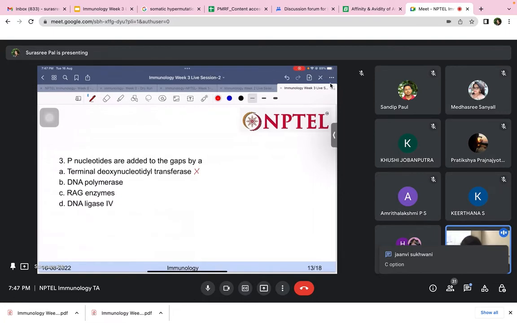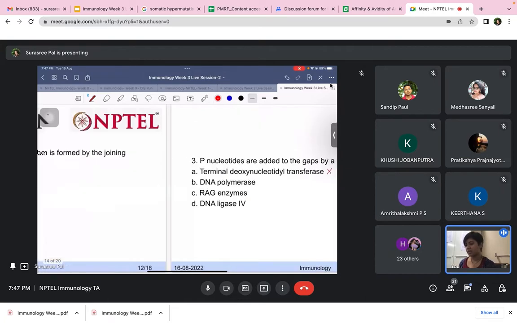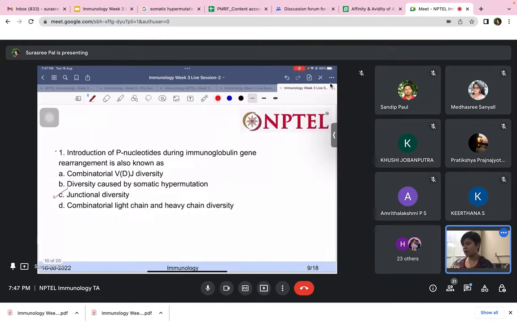C, RAG enzymes is also not correct, because RAG is the enzyme responsible for recombination and not for nucleotide addition. So the only answer that remains is obviously B, DNA polymerase. Because most of your answers were wrong, let's go through this part once again.